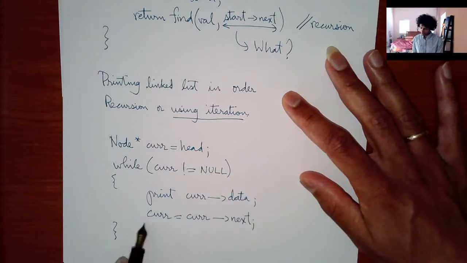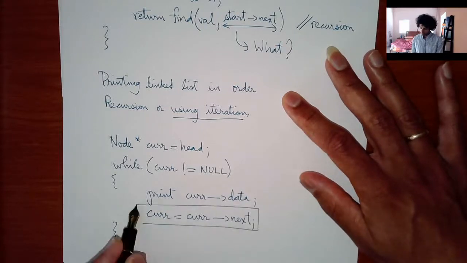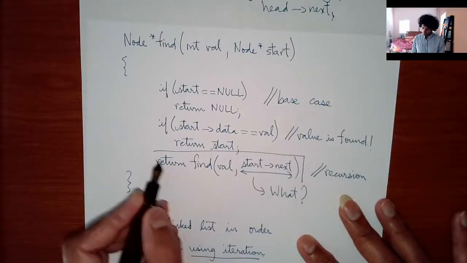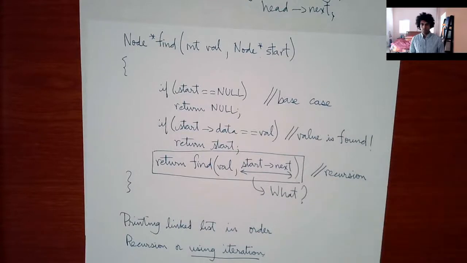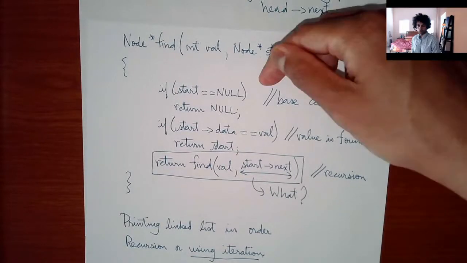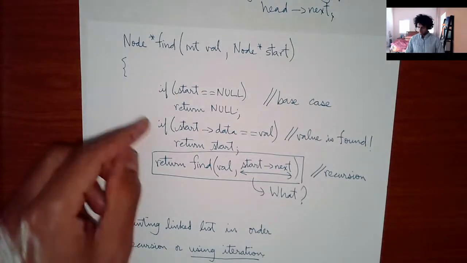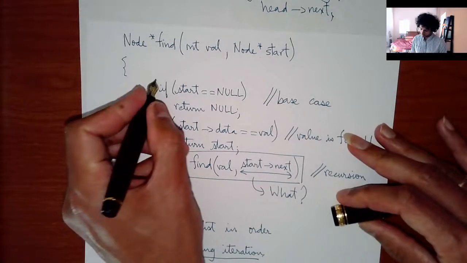So this is your iterative step here, and this is your recursive step here. This is the recursive step where you put the base case up here. And the base case condition is here, which is the checking for null.